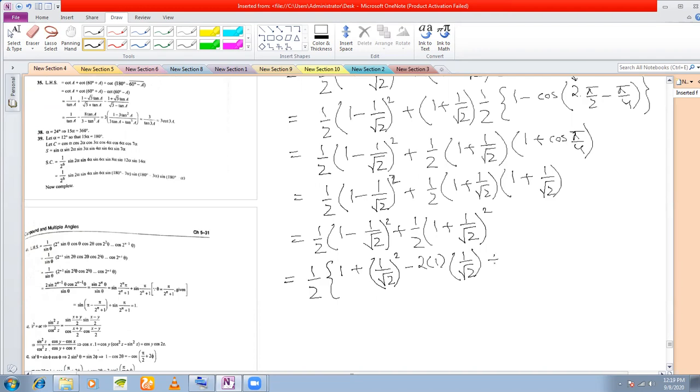Okay, plus, you can take half common here, 1 minus 1 by root 2 whole square plus 1 plus 1 by root 2 whole square, plus a square plus b square minus this plus a square plus b square plus 2ab.